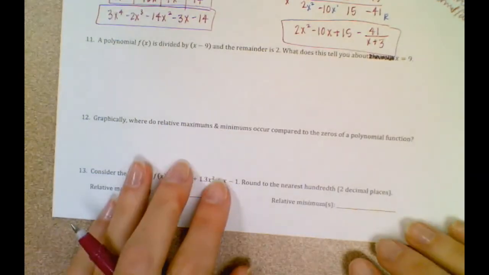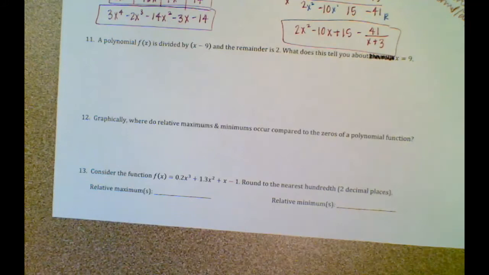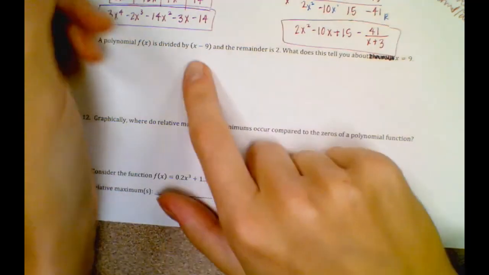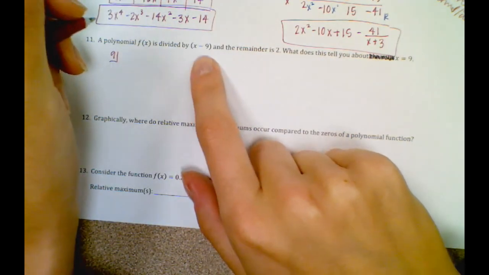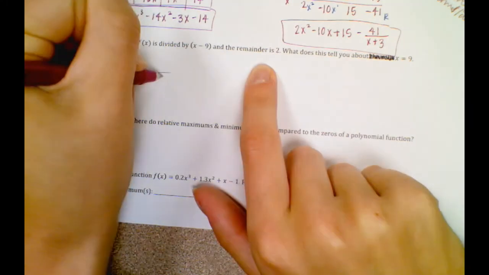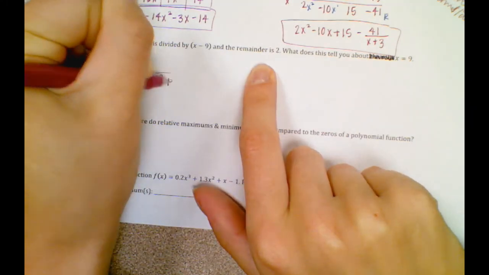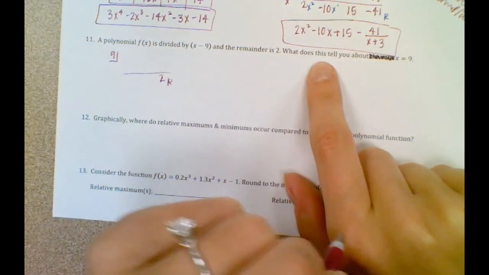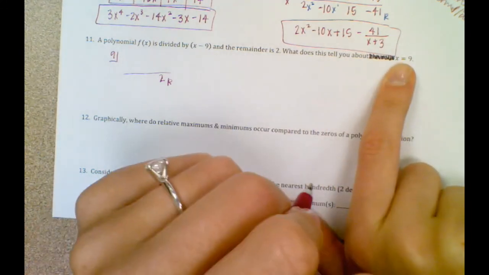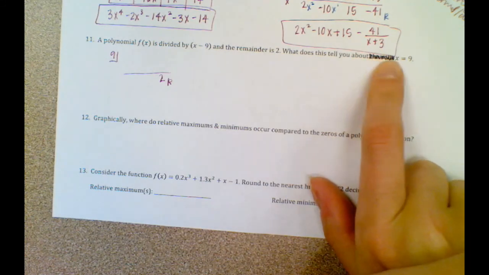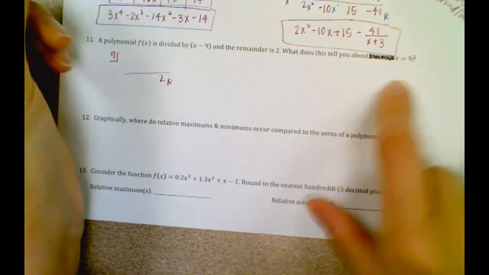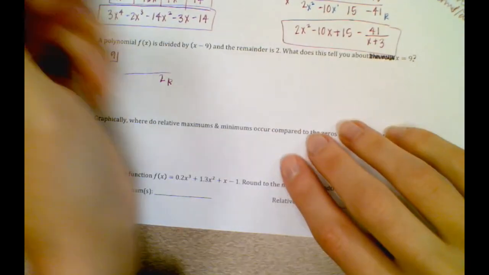All right, number 11. A polynomial is divided by x minus 9 and the remainder is 2. So to kind of draw you a picture there, that means we put 9 in the box, right? I'm dividing by that, and the remainder was 2. So over here, when I do my synthetic division, 2 is my final answer as my remainder. What does this tell you about x equals 9? Sorry, I deleted that out. If that's still on your paper, it says the root, but delete that. So what's this tell you about x equals 9? It's not a factor, right?